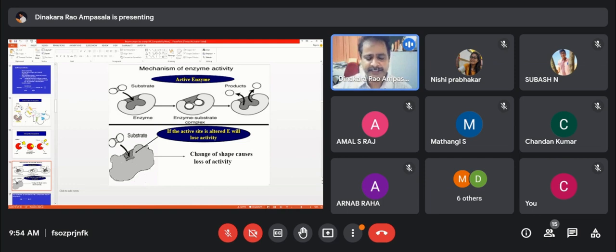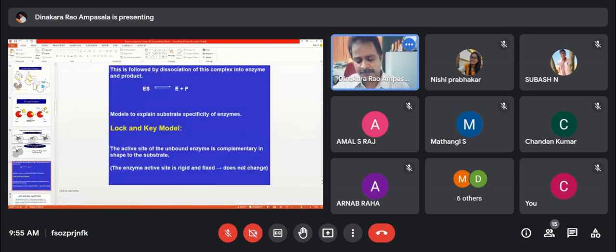Then it will not perform any activity, so you will not find any enzyme and substrate activity. So the substrate will not convert into a product. This kind of effect we can call a negative effect, or a loss of activity.